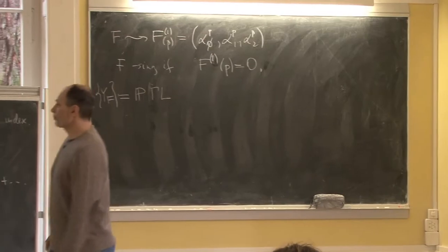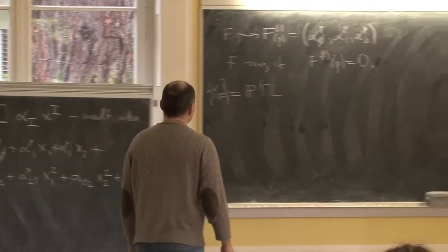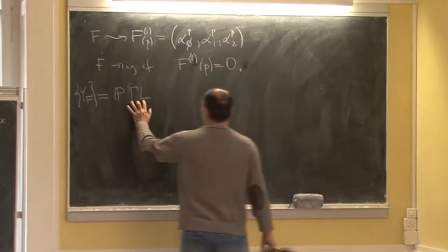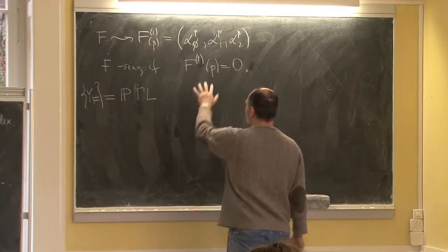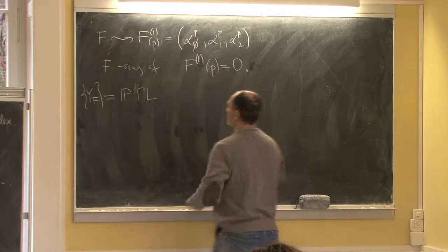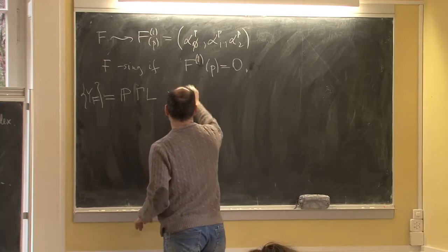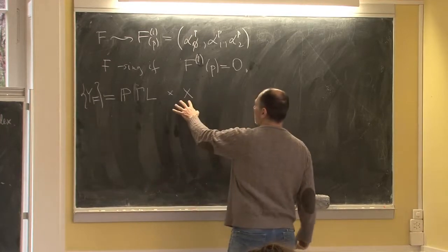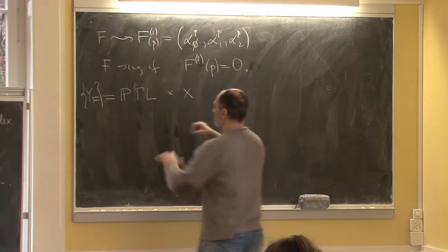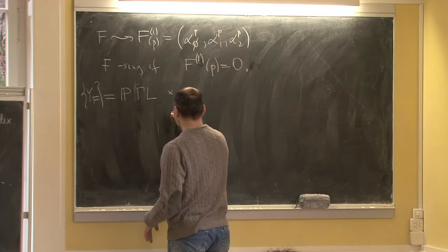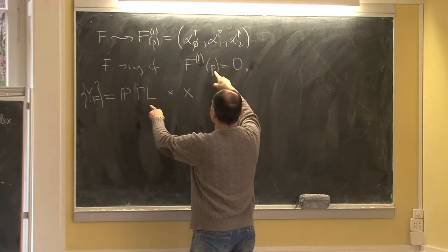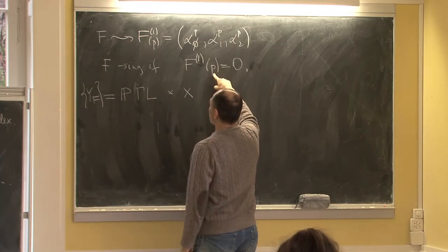Then what sort of a condition is this? If I take now this space cross X, then in here, this is our usual double diagram, you have the pairs where there is a point.